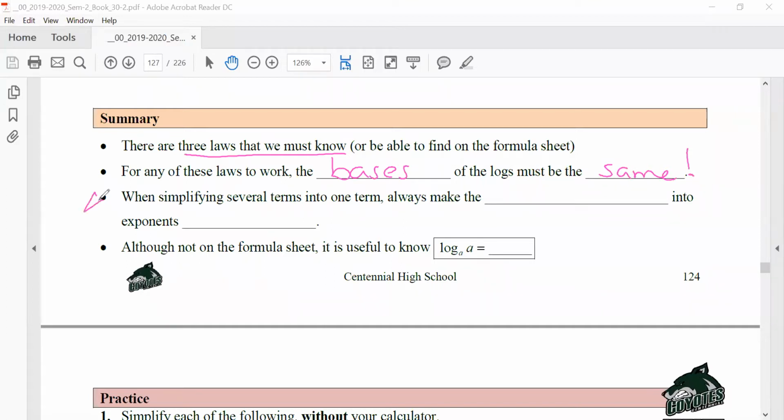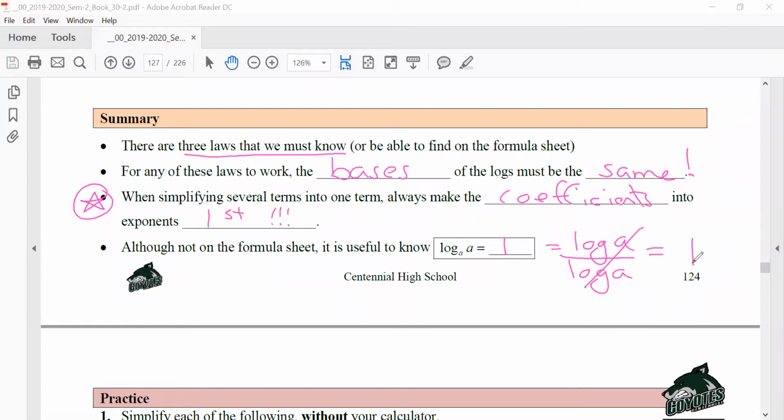I think the biggest thing that's going to come up when you're trying your practice, when simplifying several terms into one, is to always make the coefficients into exponents first. That is an absolute must know. And then this last one here, it's not on my formula sheet, but log base a of a is 1 because it's really log a over log a, and we know anything divided by itself is 1, right? That's your change of base formula.